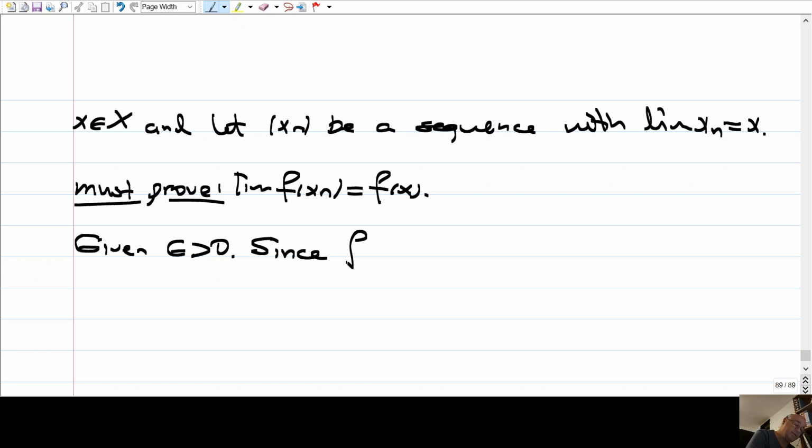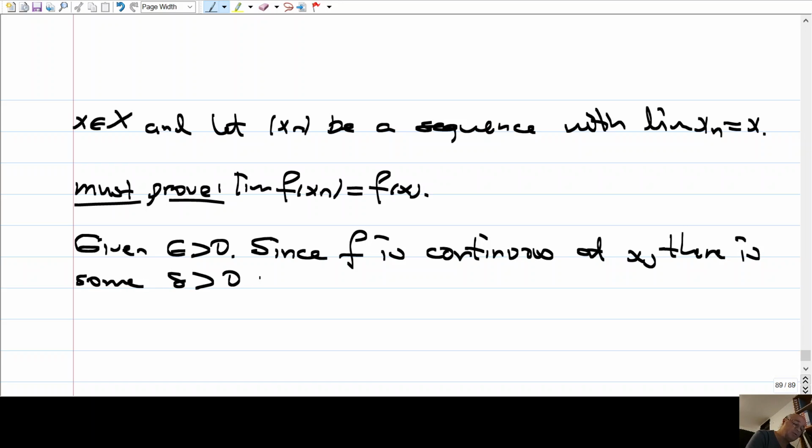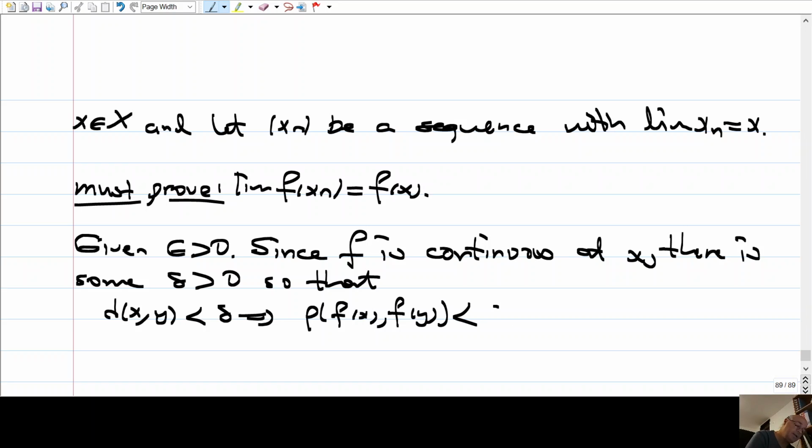Since f is continuous at x, there is some delta positive so that the distance between x and y less than delta implies the distance between f of x and f of y is less than epsilon.